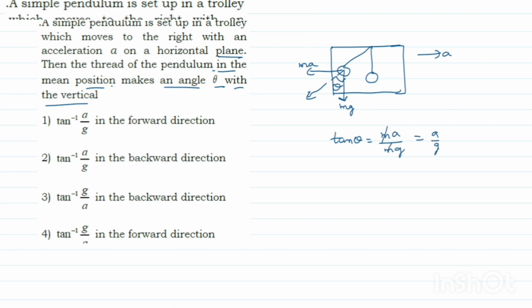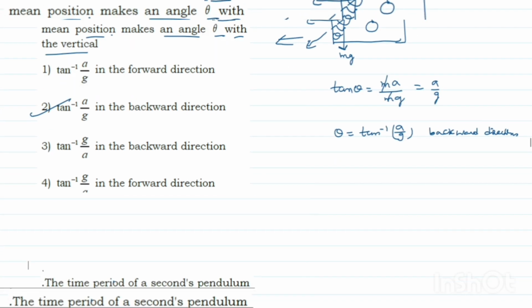Then theta equals tan inverse of a by g. So here it's going to be making in the backward direction. So theta with the vertical, here it's going to be making on this side. Here tan theta equals a by g, so theta equals tan inverse of a by g in the backward direction.